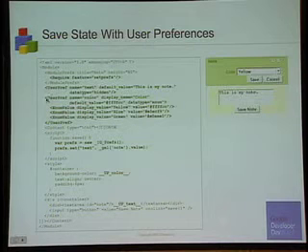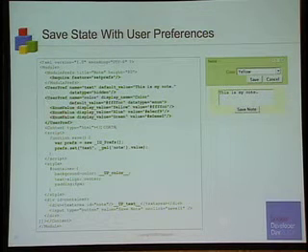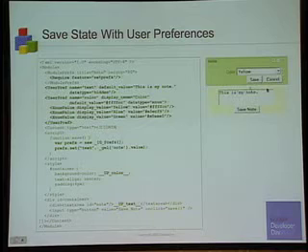So the first thing I'll talk about is how to create a user preference for the color of the gadget. So that's the second one. You can see here, I added another XML tag called userpref. And I gave it a name, and so I named my preference color. And then I also have a display name, which is Color capitalized, and that's what gets displayed here in the gadget.